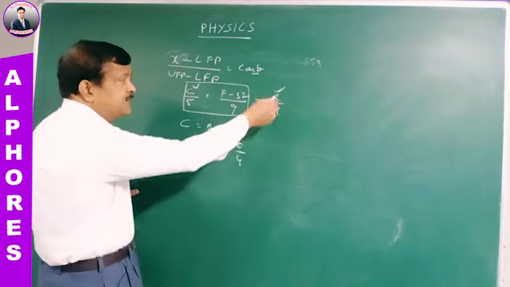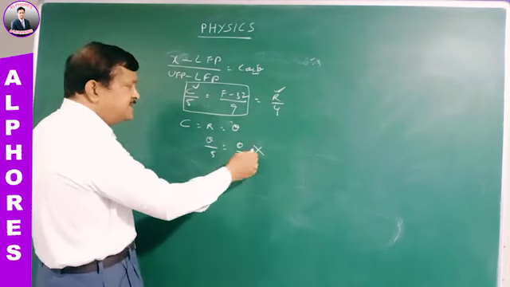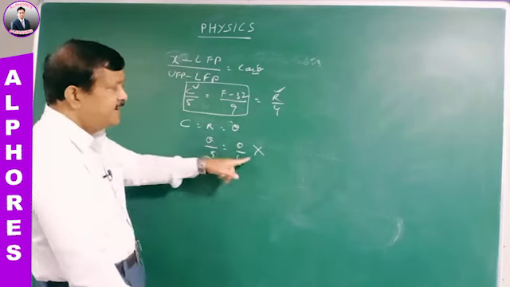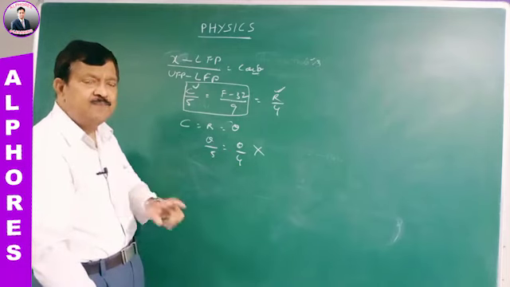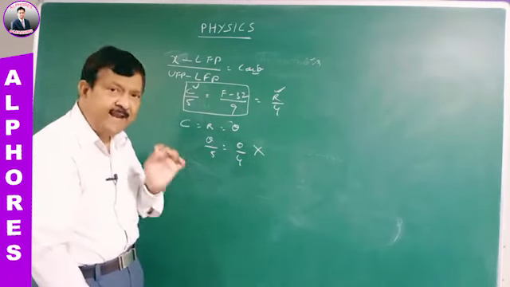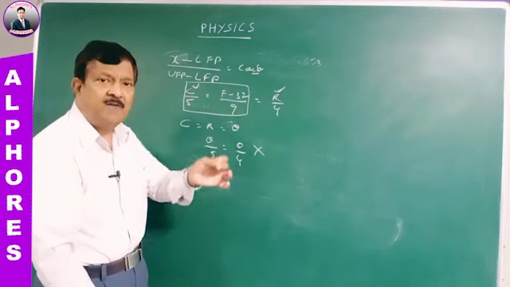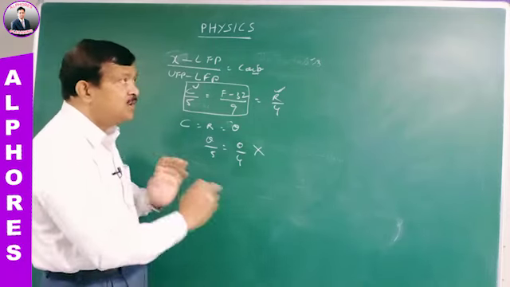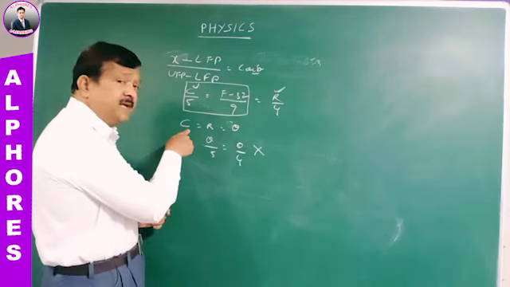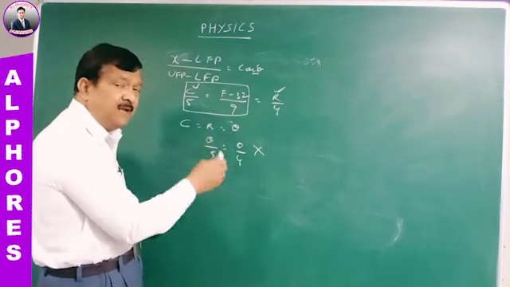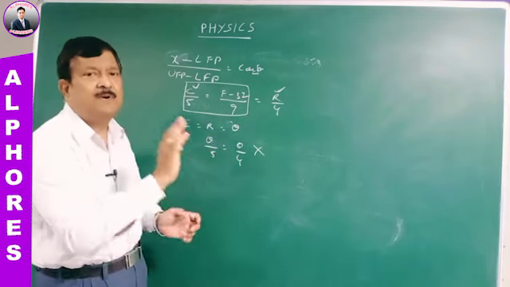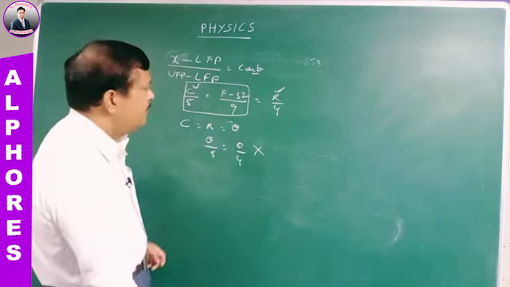Very clearly this is not possible. That means for any body at any temperature, there is no possibility that the centigrade thermometer and Reamur thermometer will produce the same reading. That is never possible.